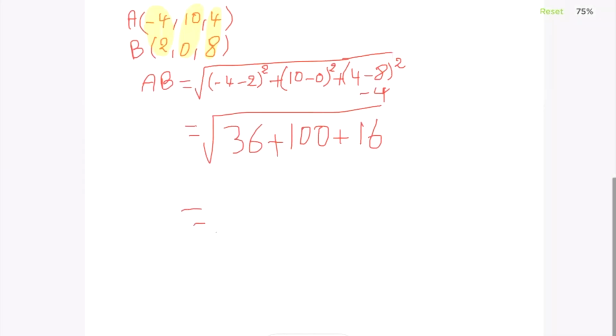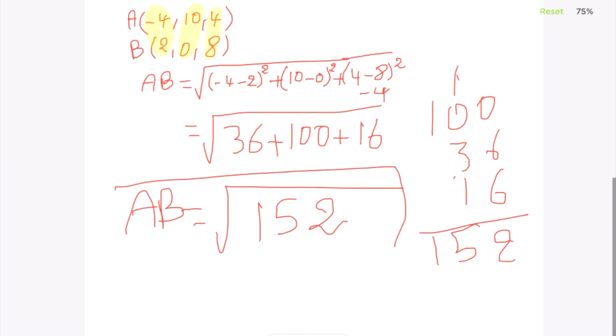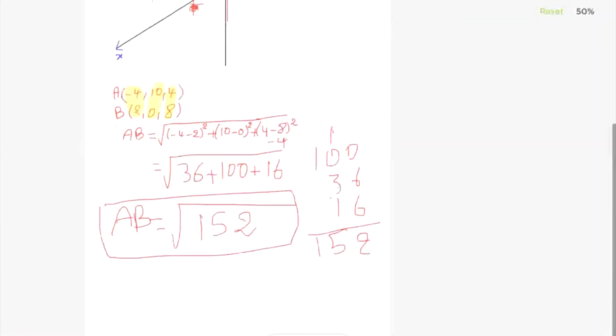Okay, so you get square root of 100 plus 36 plus 16, which is 152. That's your distance. You can simplify it if you want. If you're in the exam, and you don't see this answer, put it in your calculator, you get it simplified.